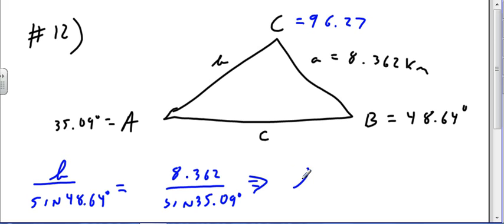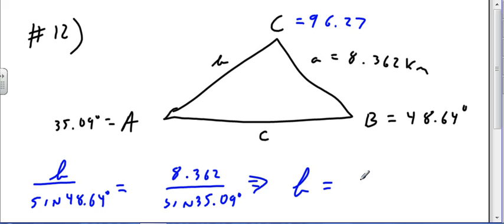So b is going to be 8.362 times the sine of 48.64 divided by the sine of 35.09, and I end up with, really? You gotta be kidding me. That can't be right. I wonder if I put it in right.